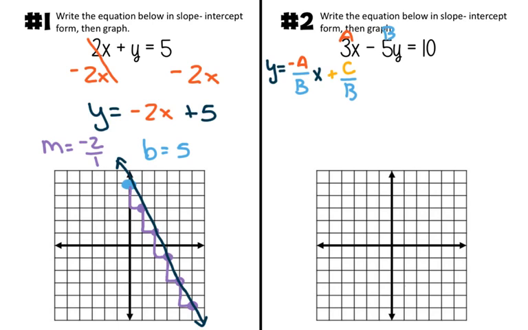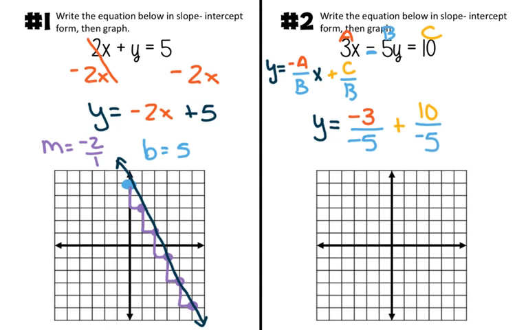The thing about using the formula is you've got to pay close attention to the negative signs. So to rewrite this, we would get y equals negative 3 over negative 5 plus 10 over negative 5.